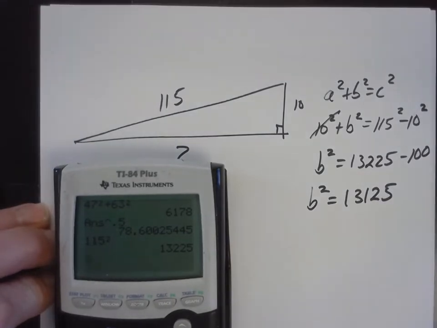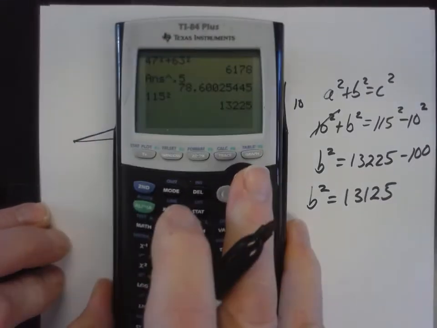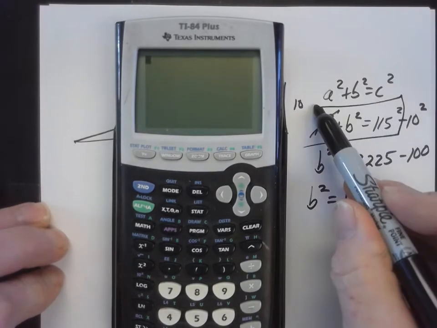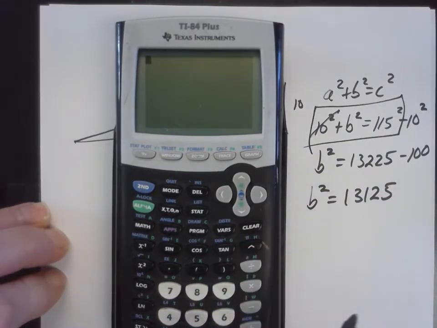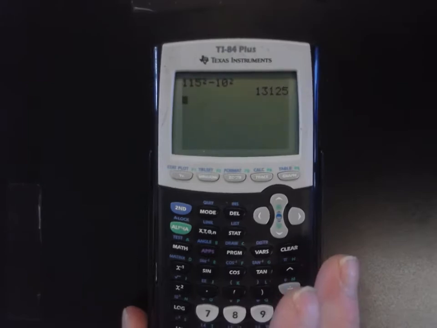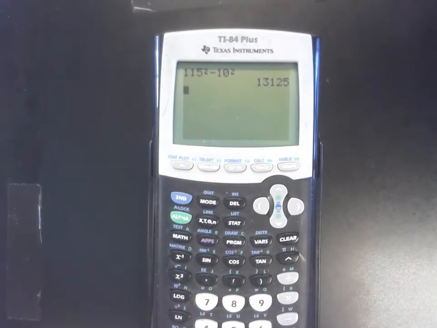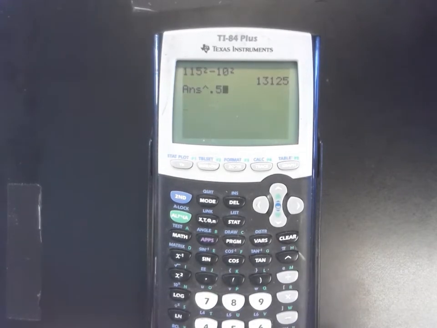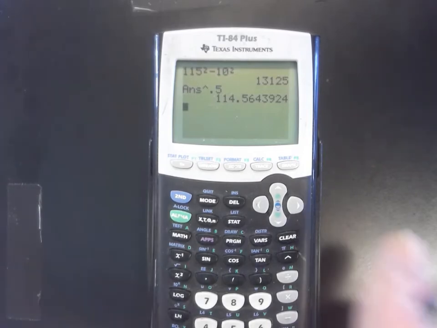Honestly, if I were going to do this on my calculator, I would say 115 squared subtract 10 squared. And I would get that 13,125 right away. And then what? Yep, raise it to the 1/2 power. That's the root. And so it's about 114.56.